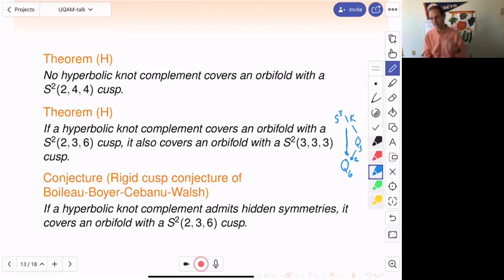This theorem comes from observing that if we have S3 minus K covering some orbifold with a (2,3,6) cusp, this object has to have non-trivial abelianization, and that allows us to build that twofold cover.